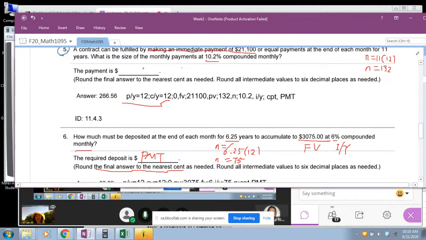So the question asks you, what is PMT? PMT equal to PV, present value, times I, divided by 1 plus I raised to power N minus 1.